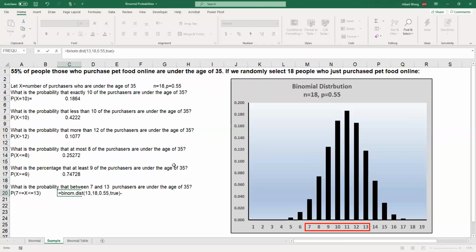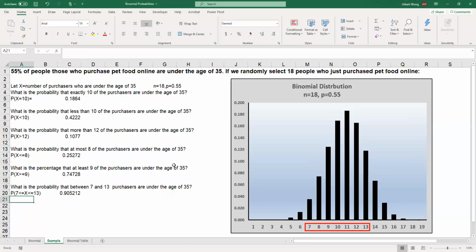So that would leave us with 7 to 13, right? So binom.dist, 6, 18, 0.55, and 2.